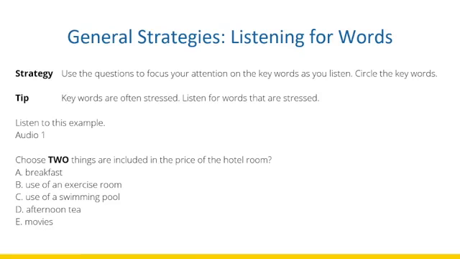So please pay attention when you are listening and circle the keywords, such as this one. Your keywords in this question would be 2 and included in the hotel room. So make sure you're listening carefully and always circling the keywords. It will help you to stay focused.